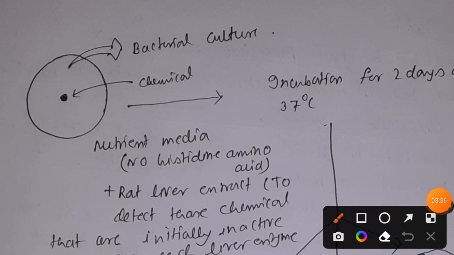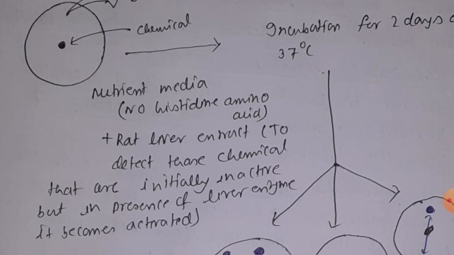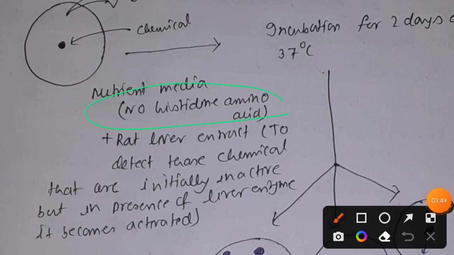So we will streak the bacterial culture in a petri plate, then we will add the chemical at the middle of this plate. This nutrient media will not contain any source that can provide histidine, and this media also contains rat liver extract. Now the question is, why rat liver extract?